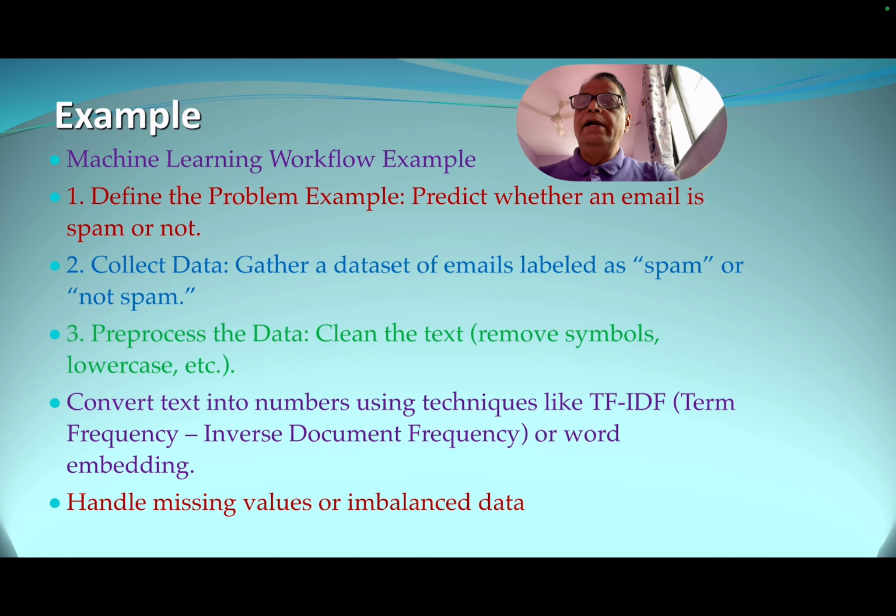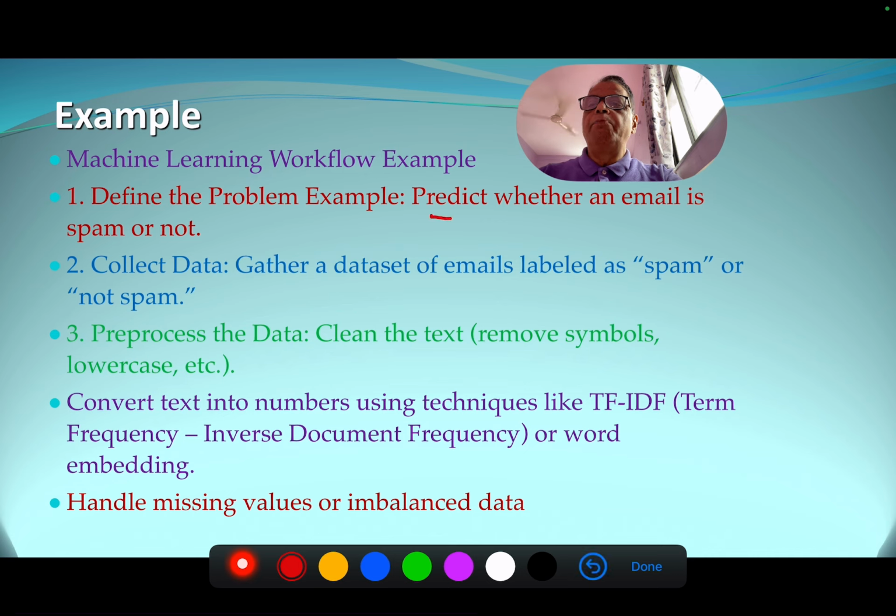Let us understand it with a simple example. Suppose we have been given a problem where we have to predict whether an email is spam or not. This is our problem, and it can be solved by making use of a machine learning model. So in this case, we need to collect a large amount of email data, and label each email as spam or not spam.